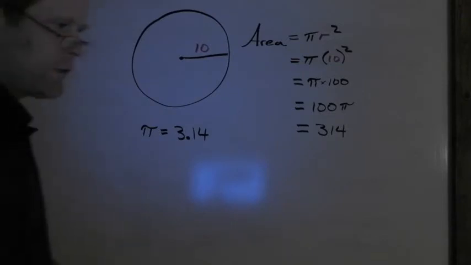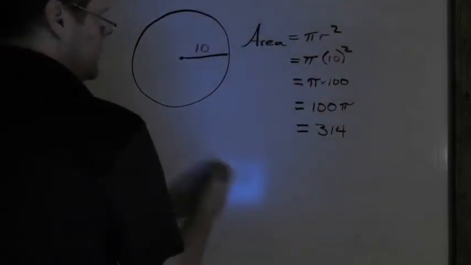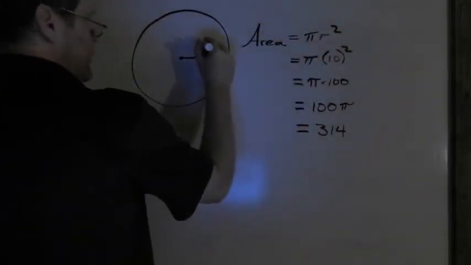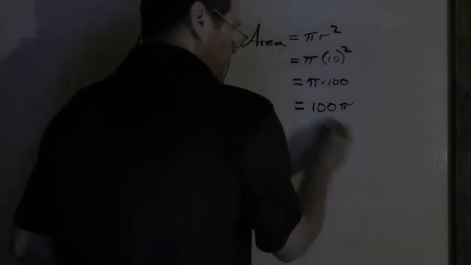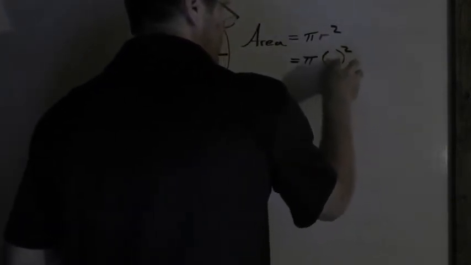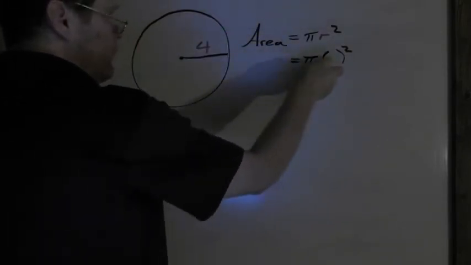Let's look at another circle problem. We want to find area again. This time, I'm going to put in here a 4. That's going to change our problem just a little bit. In this case, we want to find the area. We have a 4.